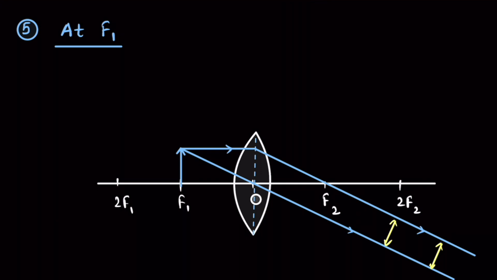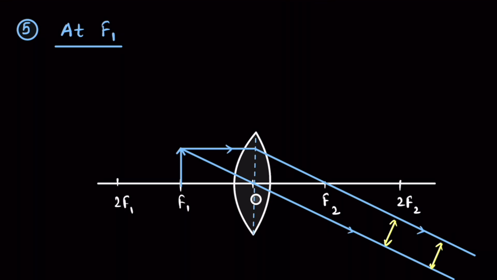We assume that when the refracted rays are parallel to each other, they will meet at a point, and that point is present at infinity. Because the point is at infinity, the image size will be highly magnified. And the image is on the right side, so it is real and inverted.